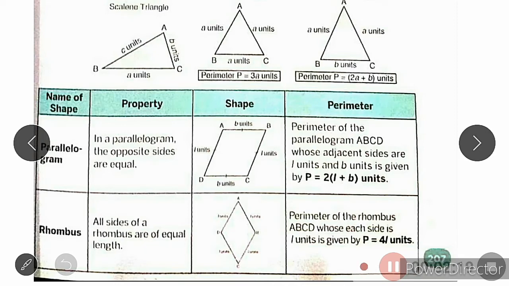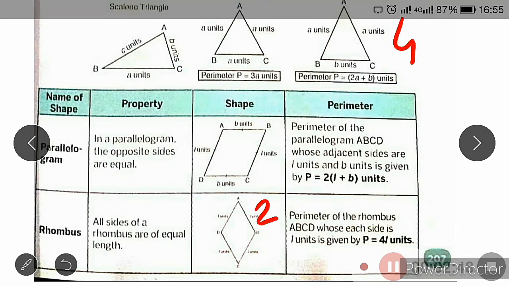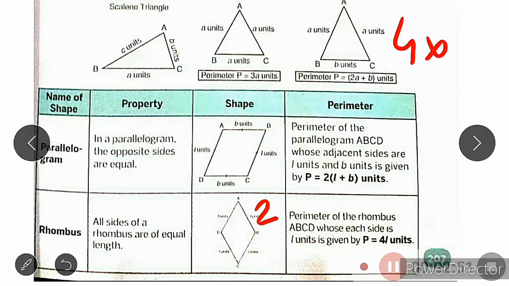The formula of a rhombus is really very easy, because there are 4 sides of a rhombus. We just have to multiply 4 into side. Suppose here the side of the rhombus is given to you as 2. Then we will multiply 4 with 2. The answer will be 8. Right? So like this.